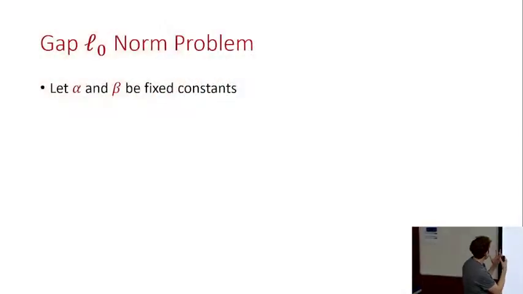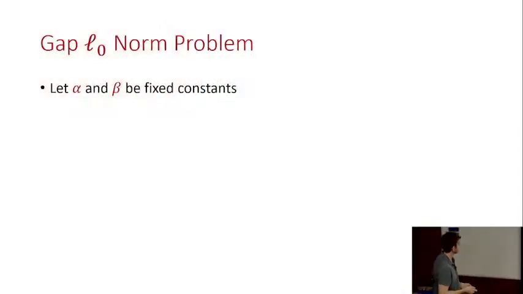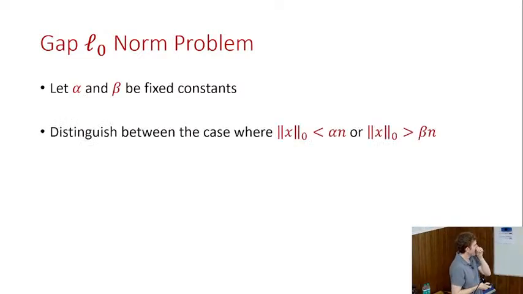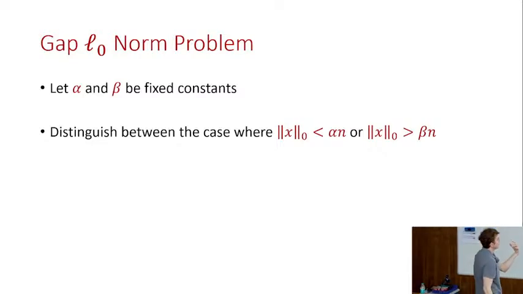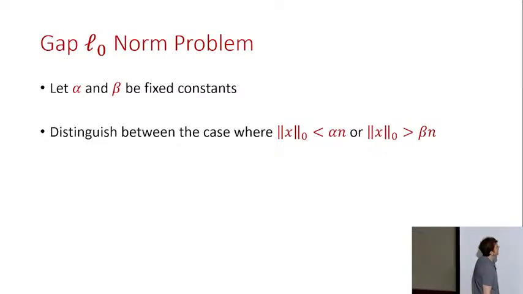Okay, so we're going to look at what I call the gap L0 norm problem. Let alpha and beta be fixed constants. We want to look at a decision problem. Distinguish the case where the number of distinct elements in the stream is at most alpha times n, or it's at least beta times n.